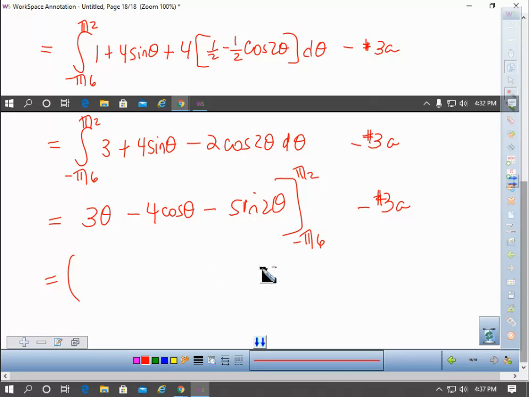So now I'm doing the big old fundamental theorem of calculus. Hopefully I can plug all these numbers in here. Pi over 2, so 3 pi over 2 minus 4 cosine pi over 2 minus the sine of double that, which would be pi.